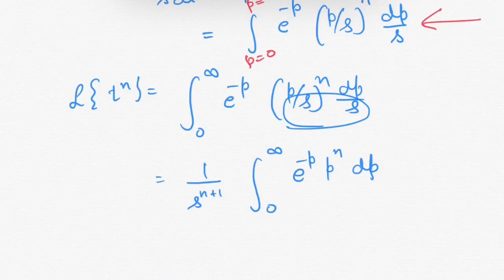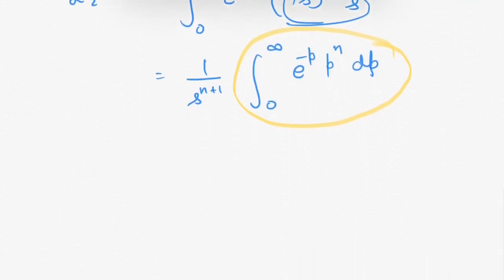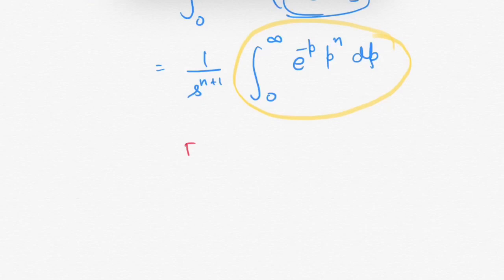Now wait, see more carefully. You will see that this integration looks like a gamma function. Let me recall to you what the gamma function is. Gamma n equals integration from 0 to infinity e raised to power minus x, x raised to power n minus 1 dx, and this integral will be convergent when n is greater than 0.